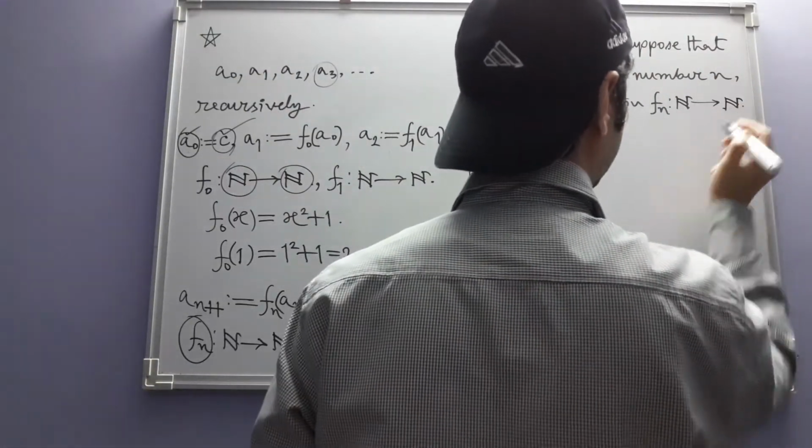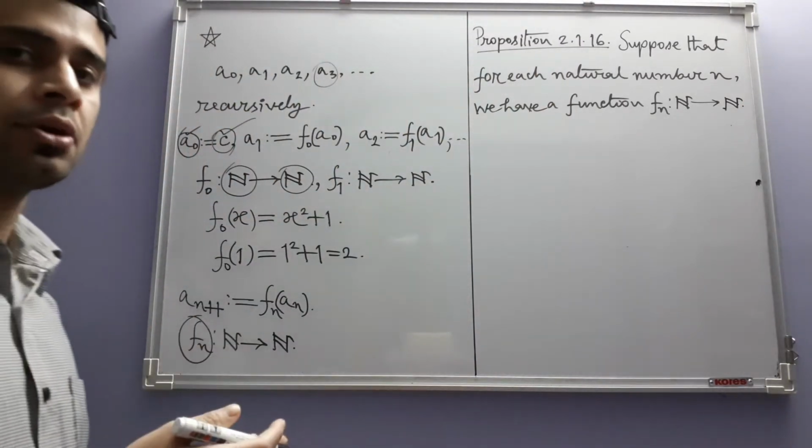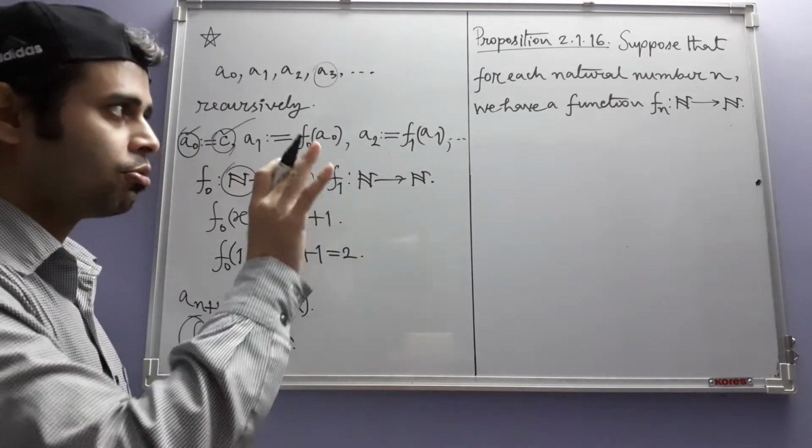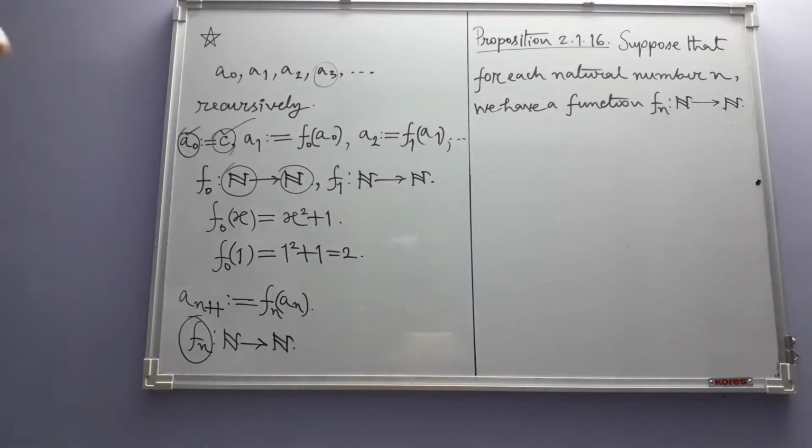Again, for each natural number n we have a function. So there is f0, there's f1, f2. What these functions are we don't know. They are just some functions.